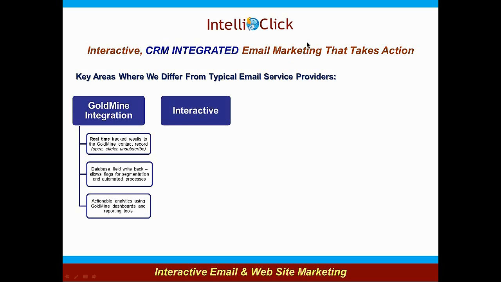Now, another important difference is we're interactive, and so when you look at that word, you kind of think, so what is interactive about the emails we send? Well, the first thing we give you the ability to do is alert your staff the moment people click. Now, that alert can be an email or a text message.